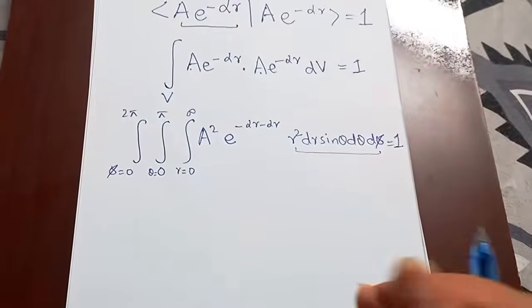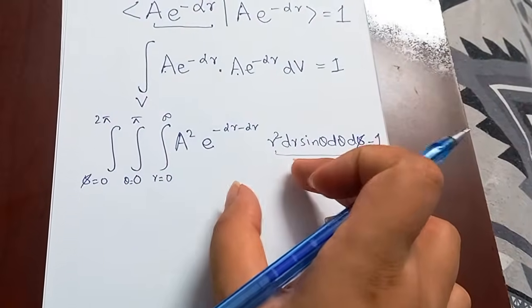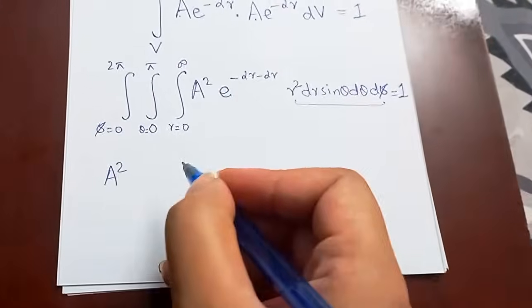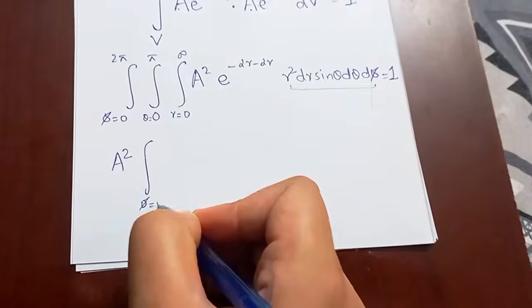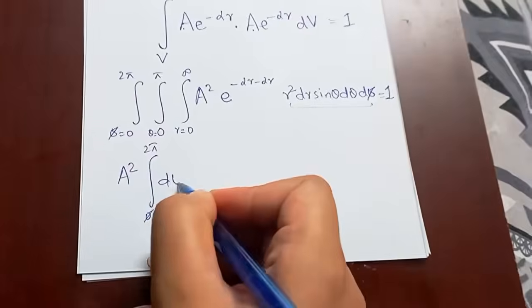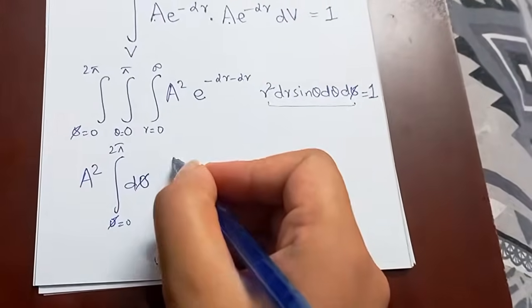Now the next step is to write the integrands separately for each of the integrals, because the variables are all separated. Here I write all the terms which have phi in it, only d phi. None of the other terms have phi, so it's like that.